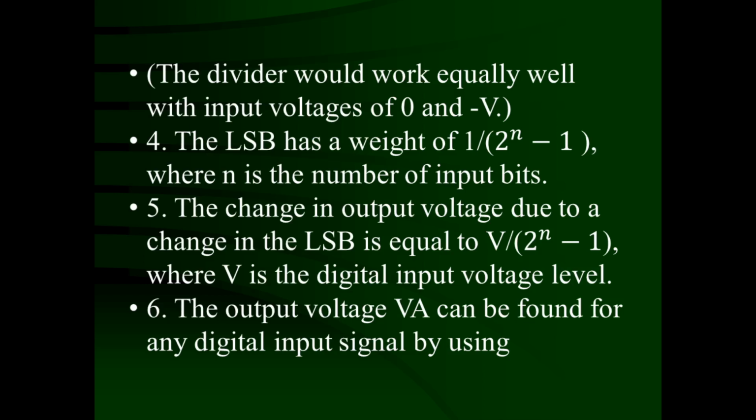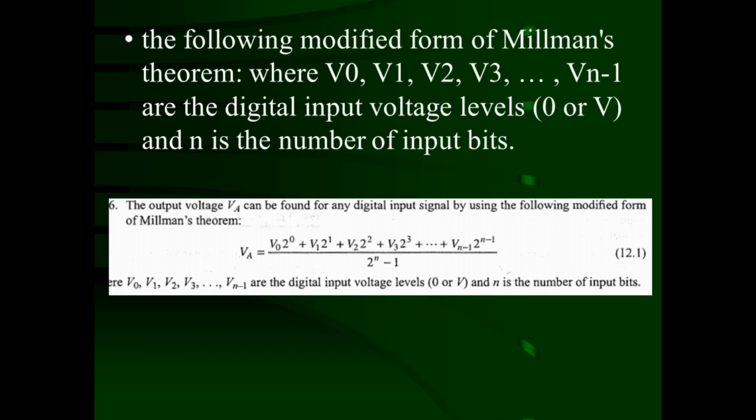The output voltage VA can be found for any digital input signal by using the following modified form of Millman's theorem, where V0, V1, V2, V3, etc., Vn minus 1 are the digital input voltage levels. Either it is going to be 0 or plus V, and n is the number of input bits. This formula is important to calculate.